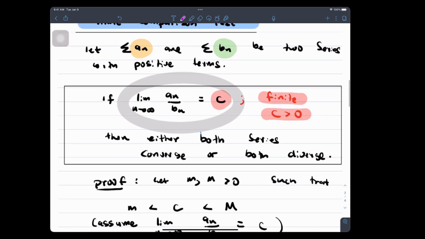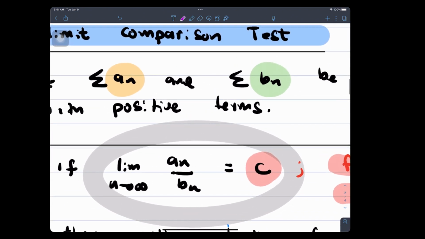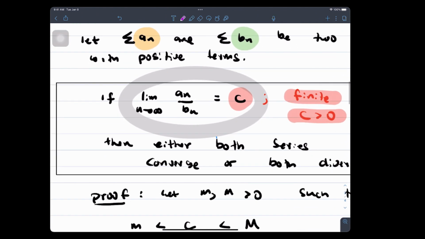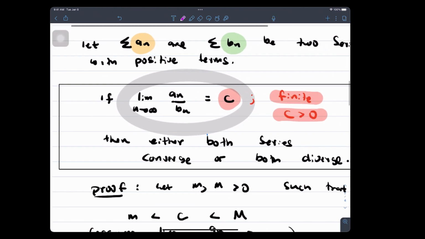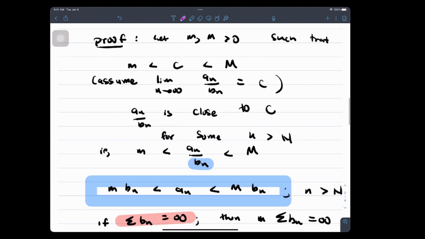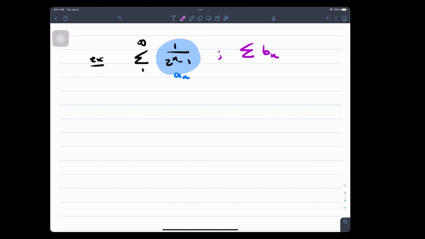All the criteria is you need two series with positive terms. And you're going to look at this particular limit and see if it's finite. If it's finite and positive, then you know you can use the limit comparison test. But the question is always, what can we use for this series?